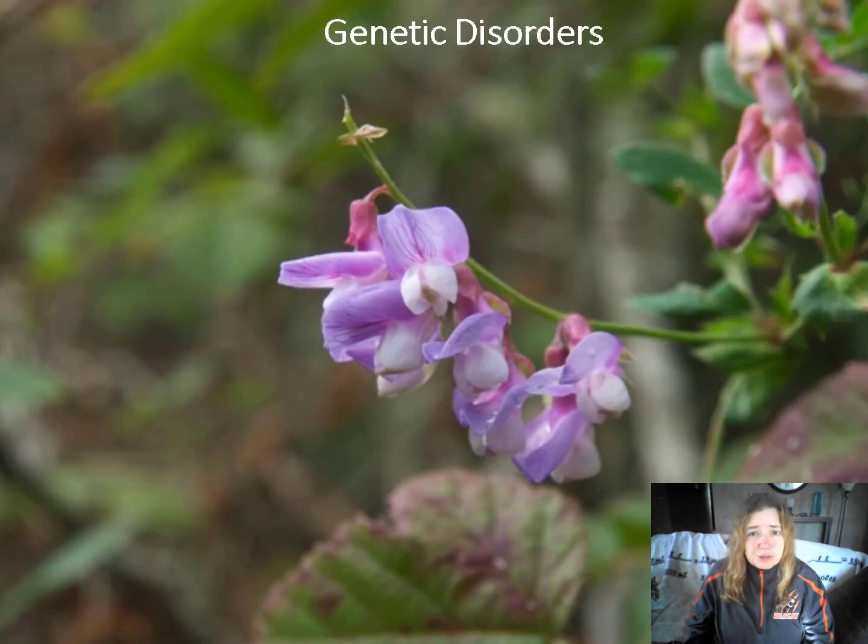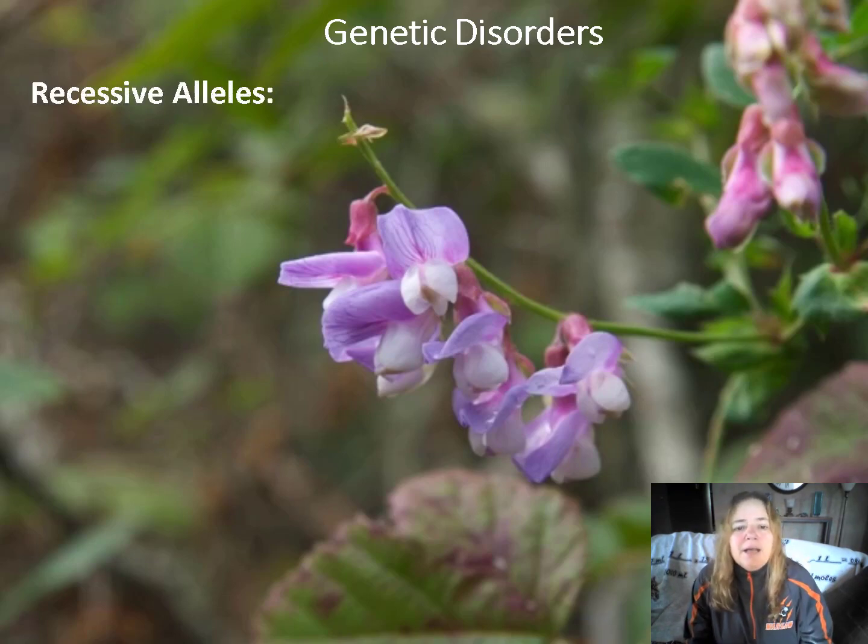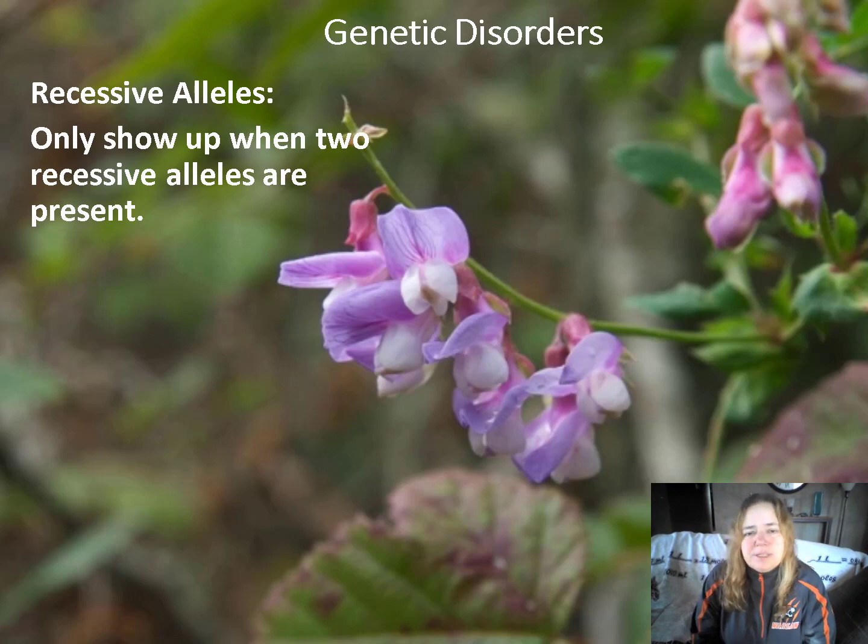With the genetic disorders, the recessive, remember, would be lowercase, lowercase. That can only happen if both your alleles are recessive. If it is a minor disorder, it's not a problem, then I suppose you could have both parents be recessive, or one parent recessive and one parent heterozygous.